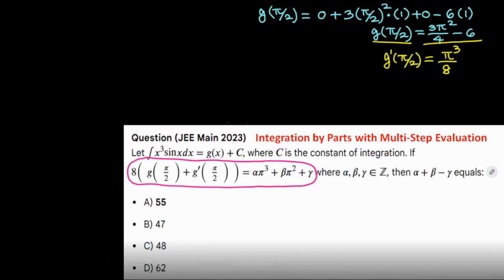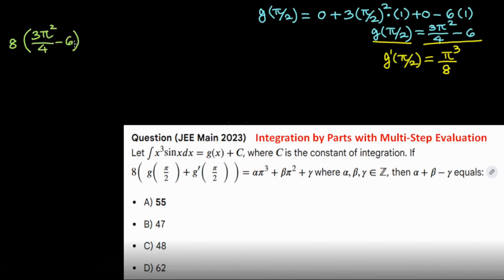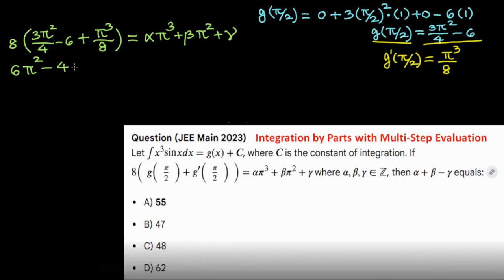So that will be 8 into g pi by 2, 3 pi square by 4 minus 6, plus g dash pi by 2, pi cube by 8, which equals alpha pi cube plus beta pi square plus gamma. 6 pi square minus 48 plus pi cube equals alpha pi cube plus beta pi square plus gamma.